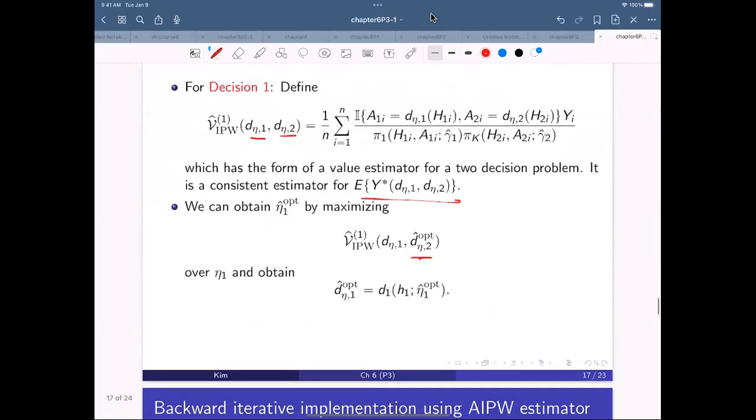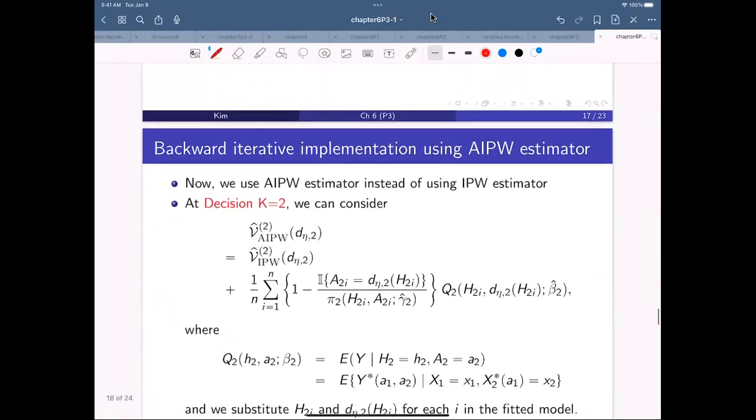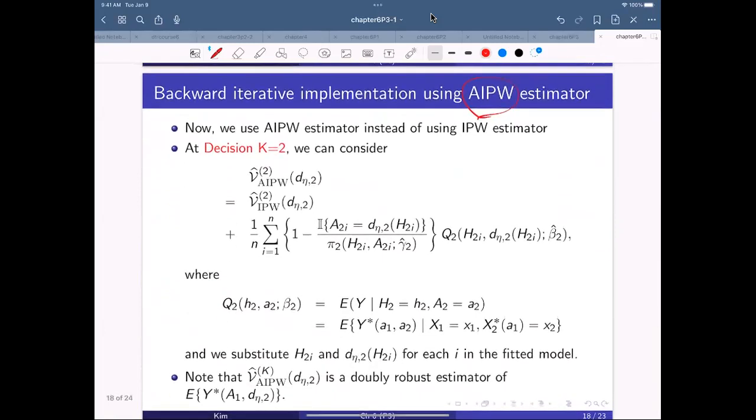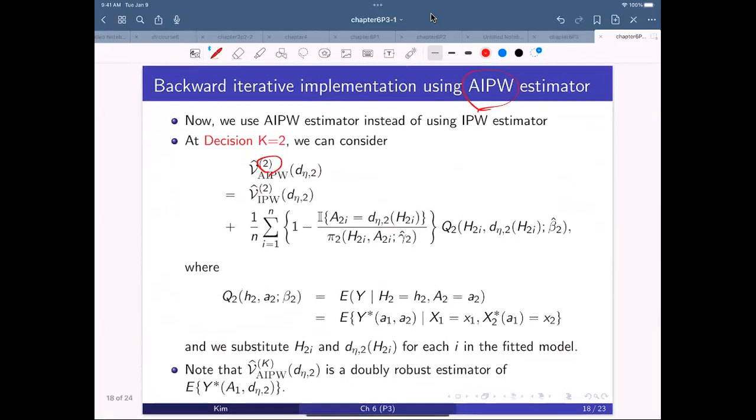Now we apply the same idea to AIPW. Same thing, you have a superscript 2. This one is that we only care about A2, decision 2.